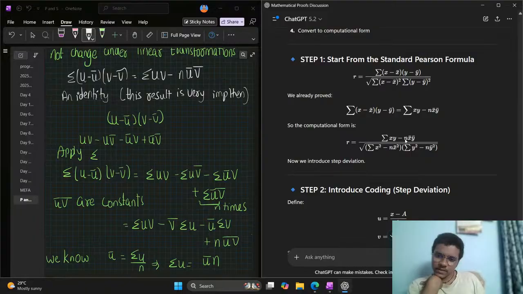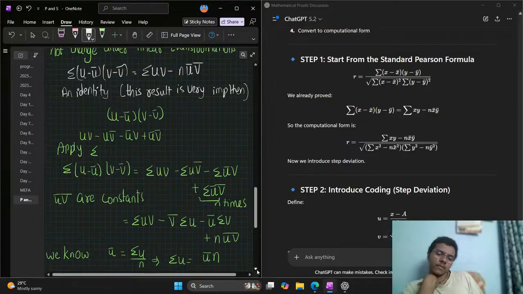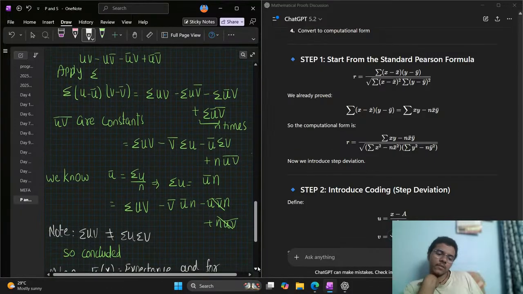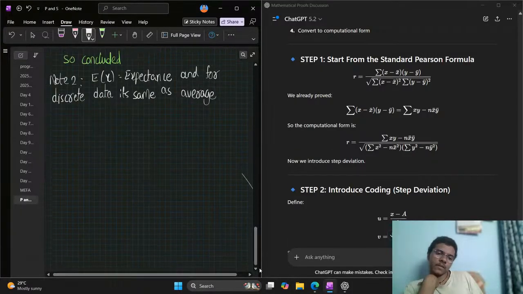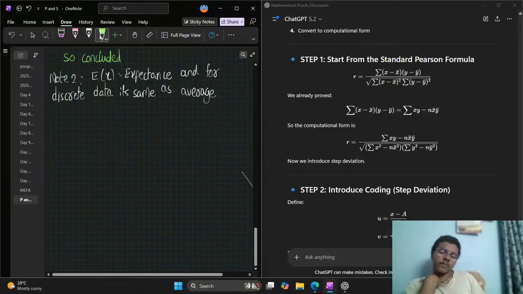Sigma xy minus n x bar y bar, that makes sense. And what about this one? Wait, we already know some rules of summation. Why don't we use them?